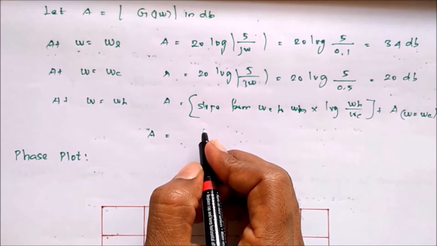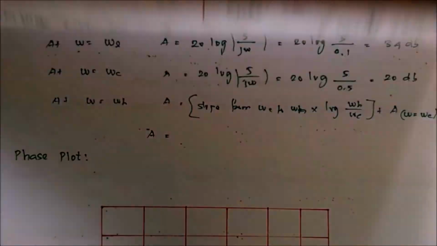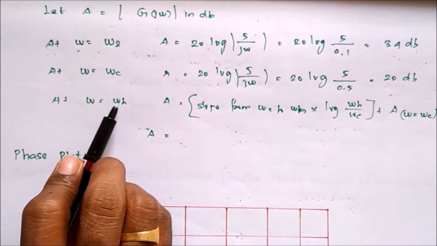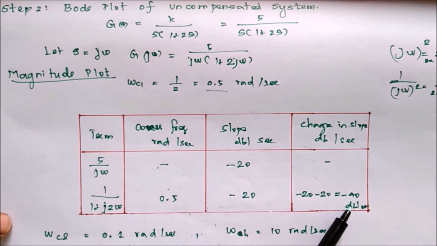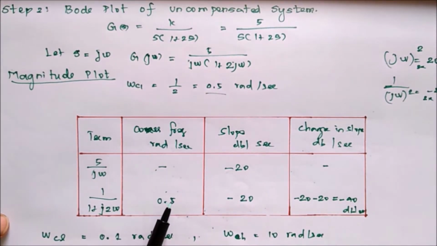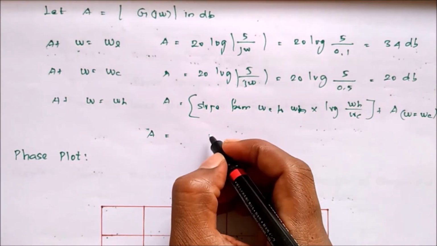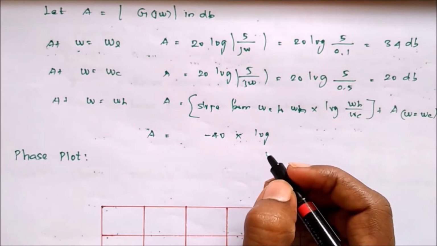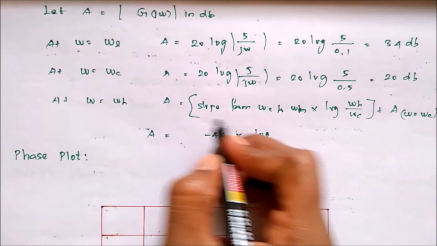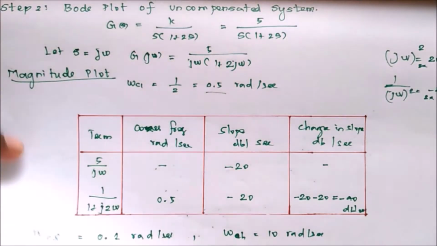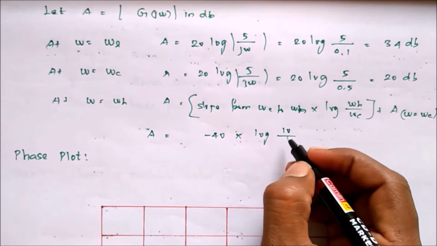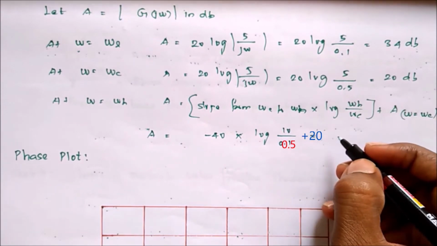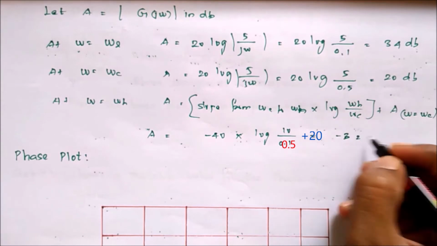From the tabulation, while moving from the corner frequency to the highest corner frequency, the slope is minus 40 decibel per decade. Therefore the gain is minus 40 into log of omega h divided by omega c. We selected the highest corner frequency as 10, so log of 10 divided by the actual corner frequency 0.1. Therefore we will get minus 32 decibel.